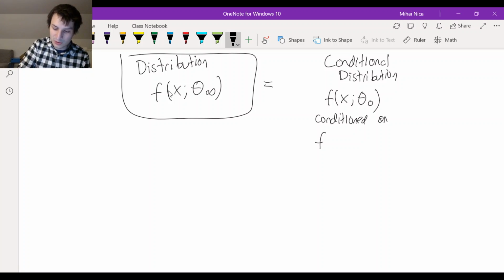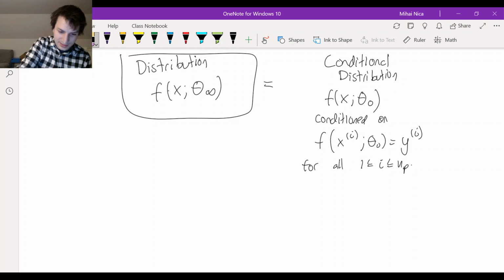So the event that the training data is perfectly fit, let's write it like this: f of x_i, theta 0, equals y_i, for all 1 ≤ i ≤ n, the n examples.